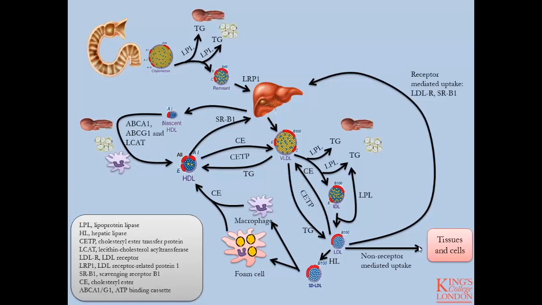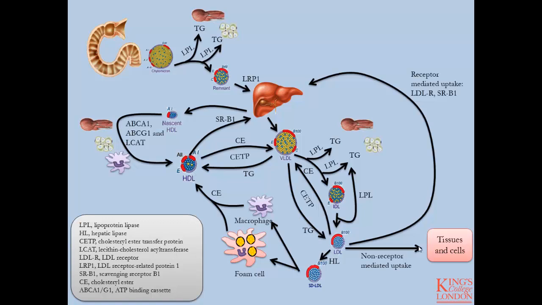These include ABCA1, ABCG1. The transport of free cholesterol and storage as cholesterol ester is mediated by LCAT activity. Then lipid-rich HDL particles are capable of transferring cholesterol ester to VLDL particles, in return receiving triglyceride, or they can be taken up by the liver via the SRB1 receptor.